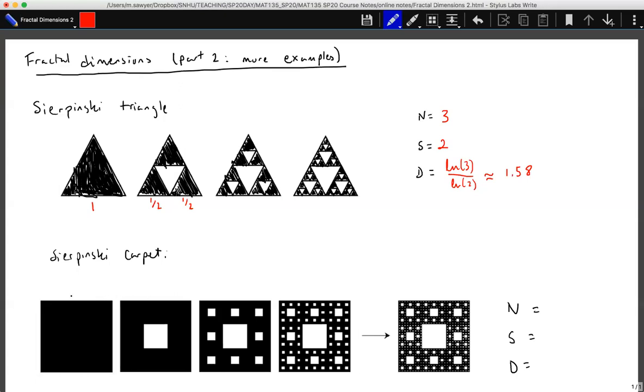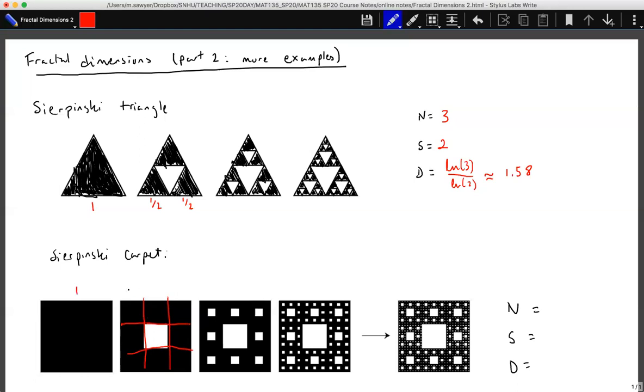Now the Sierpinski carpet starts out as a square, and you remove the middle square. If you divide the square into 9 pieces, then you remove the middle 9th piece. So let's just draw this grid here. We break the square into its 9 pieces, and we remove that middle 9th of the square.